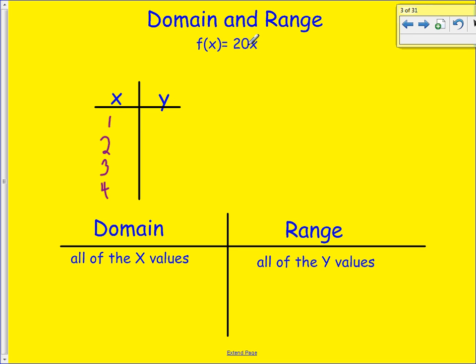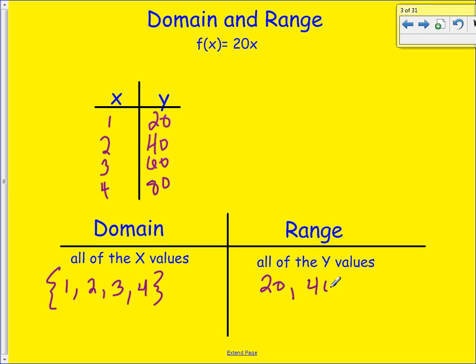Plug these values in for x. So 20 times 1 is 20. 20 times 2? 40. 20 times 3? 60. 20 times 4? 80. I would just list all of my values in the set for my domain. My range is all of those y values: 20, 40, 60, 80, in my set.